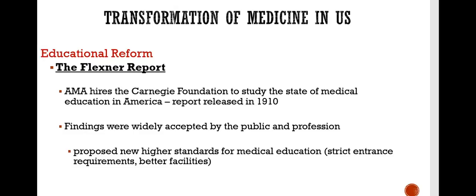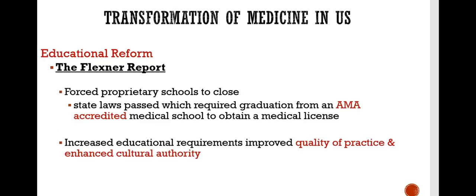Higher standards were proposed, strict entrance requirements, and better facilities. The Flexner Report forced proprietary schools to close. State laws passed which required graduation from AMA-accredited medical schools, and increased educational requirements improved quality of practice and enhanced cultural authority.